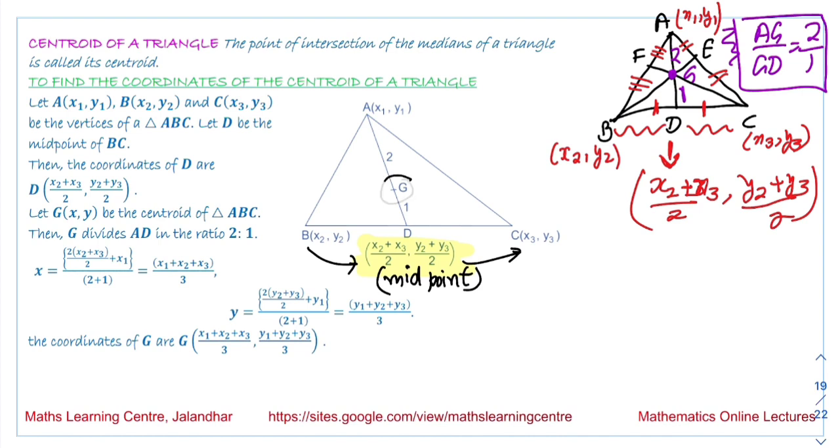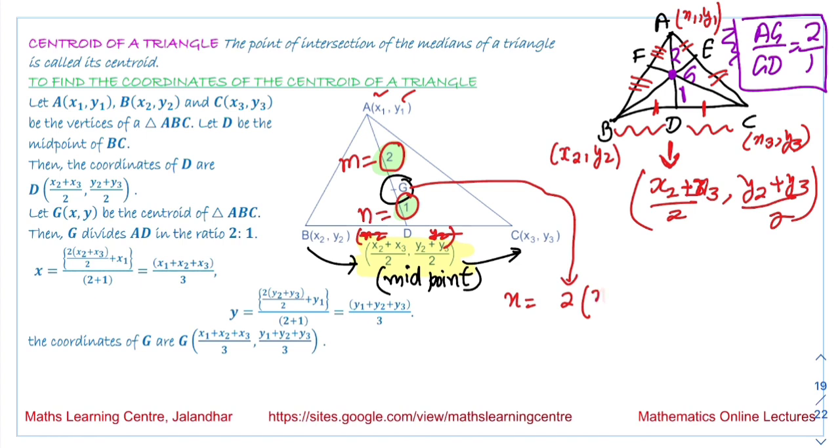Now we want to find the coordinates of this point G, and the ratio is 2:1. It means this is the value of M and this is the value of N. These are the points x1, y1 and x2, y2 corresponding to the section formula we are talking about. So the x coordinate will be 2 into (x2 plus x3 by 2) plus 1 into x1, over 2 plus 1.